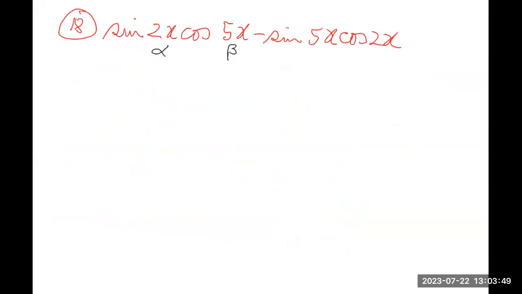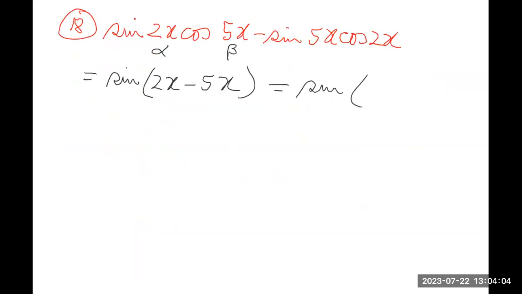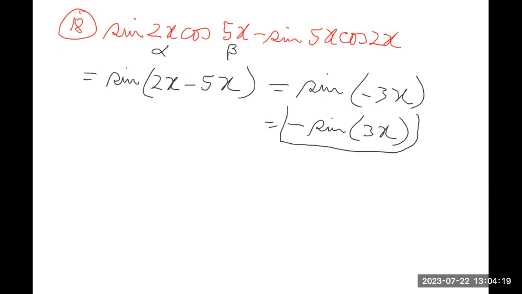So this would be sine of, alpha is 2x, beta is 5x. So that's sine of negative 3x. And again, sine being an odd function, you can bring that negative outside. So sine 2x cosine 5x minus sine 5x cosine 2x is simply negative sine 3x.